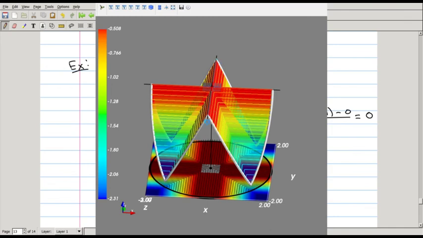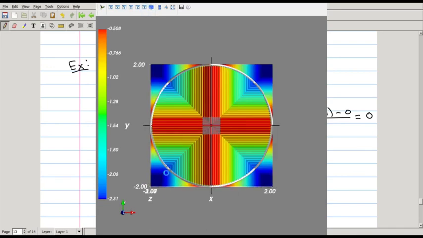You see it's like a roof right here, where we have a cusp along x and a cusp along y, along both axes. We also have a cusp along y equals x and y equals negative x, right here as well. You can see that cusp very clearly if you look at just the contour plot by itself.